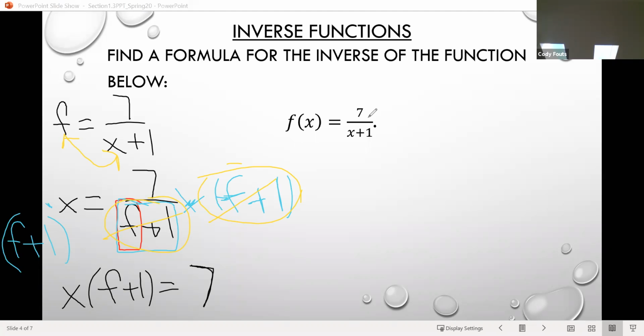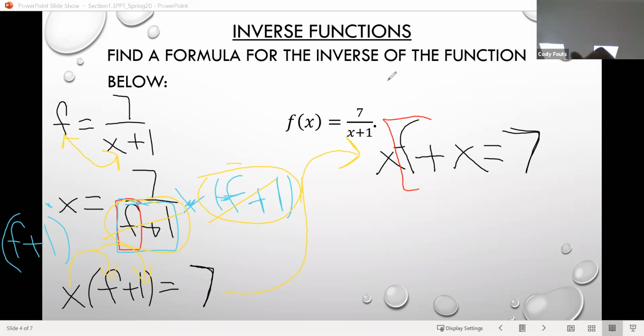Before I continue on, I want to distribute the x that is outside the parentheses, to the f and to the 1. So what we get next is xf plus x equals 7.